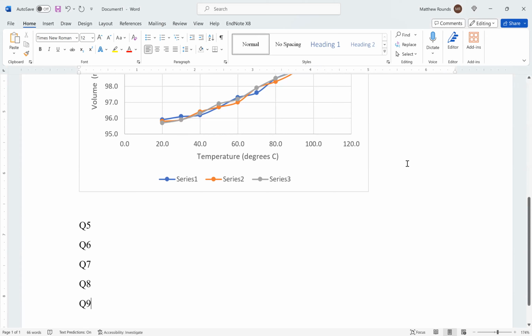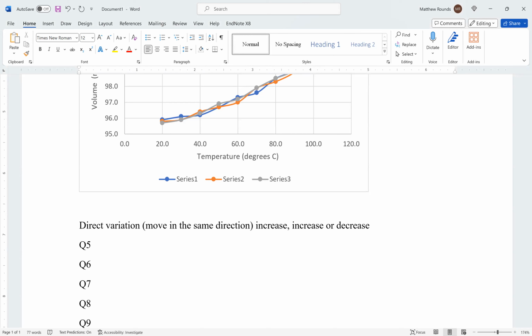All right. So we also need to explain whether 5, 6, 7, 8, 9 are direct or inverse variation. So let me briefly describe what direct variation is. Direct variation is when the quantities move in the same direction. So it's basically increase, increase, or decrease, decrease.